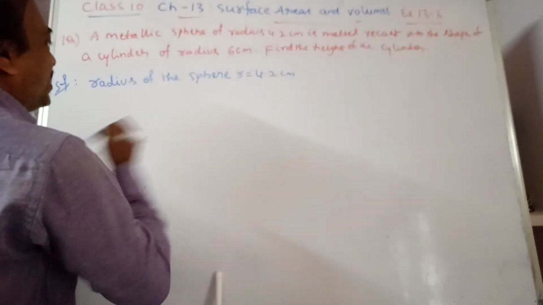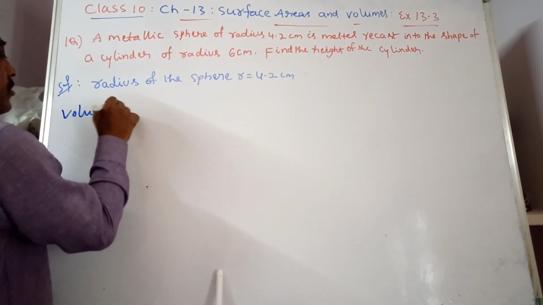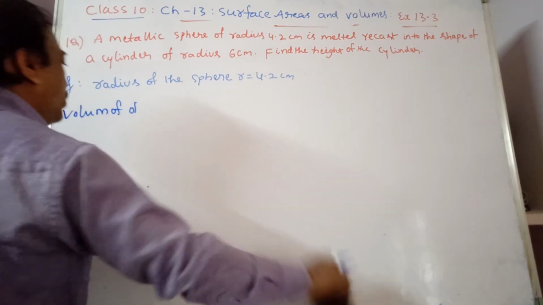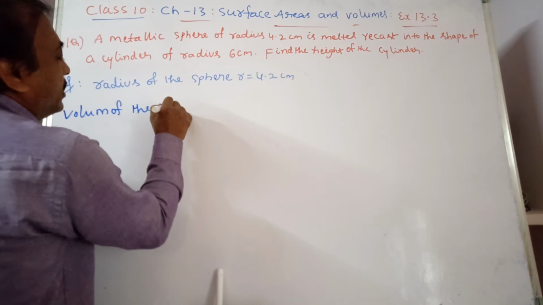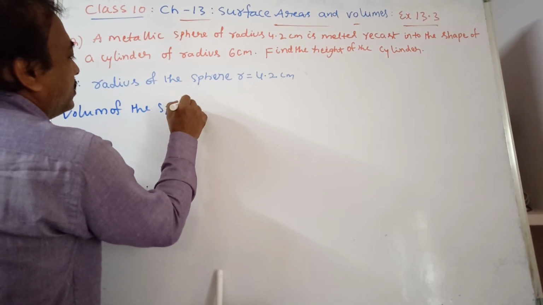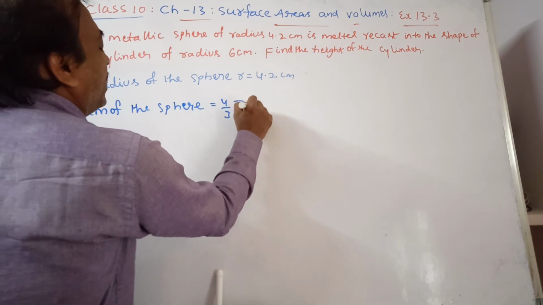So the volume of the sphere equals 4 by 3 pi r cube.